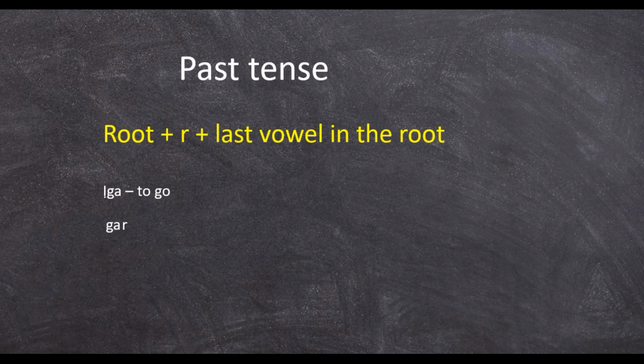So here we're not going to look for vowel harmony or look for the leader. We're just taking whatever was the last vowel in that root, which is a, and we bring it down and we have gara. That's it done. That is went. Ngara ahia, I went to the market. Ngara ahia, I went to the market.